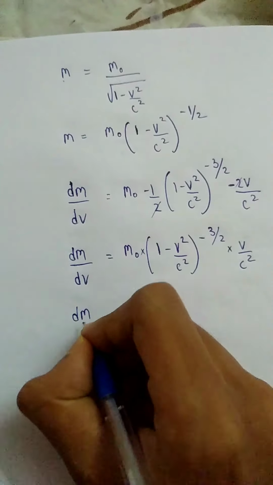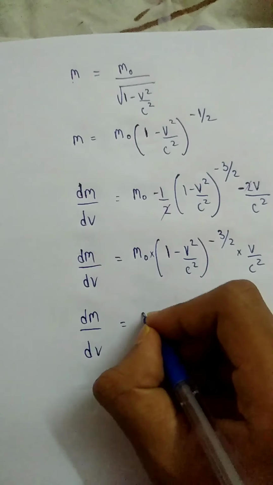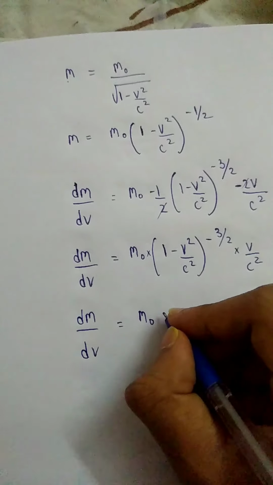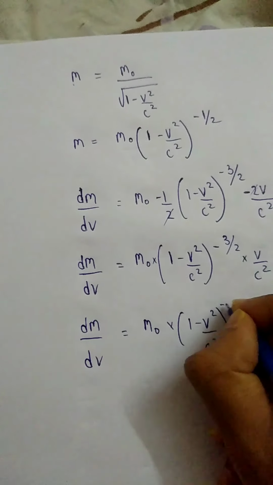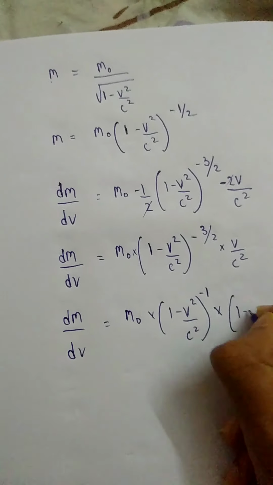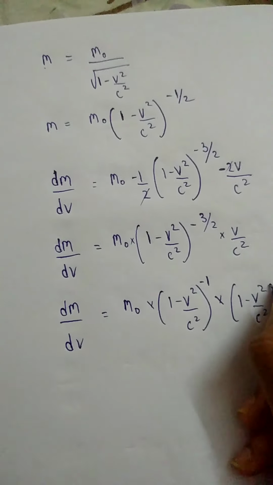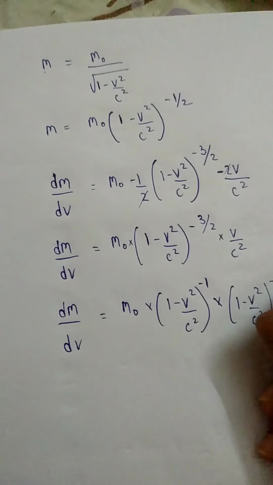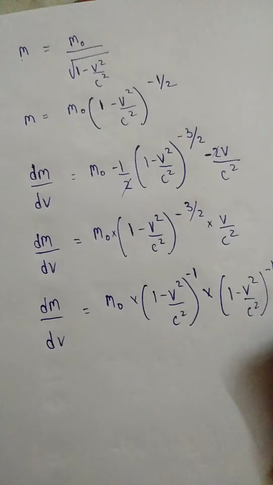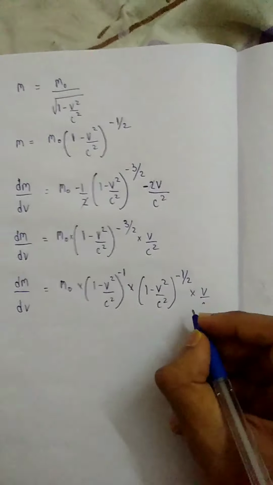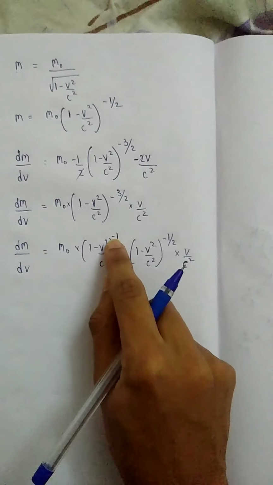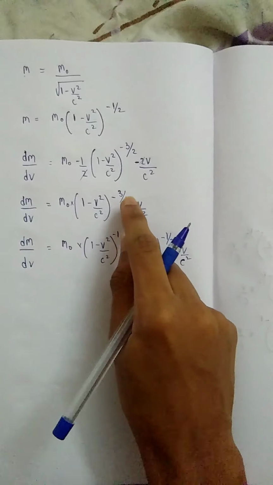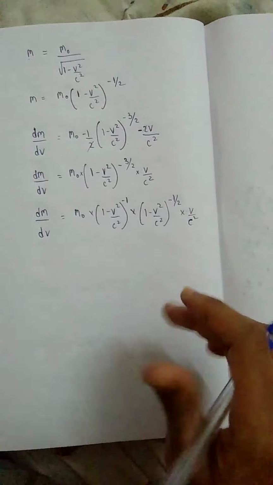Next, we are going to split this term into (1 minus v square by c square) power minus 1 into (1 minus v square by c square) power minus 1 by 2 into v by c square. As we can see, we are simply adding these powers, so we get the same term as the above equation.